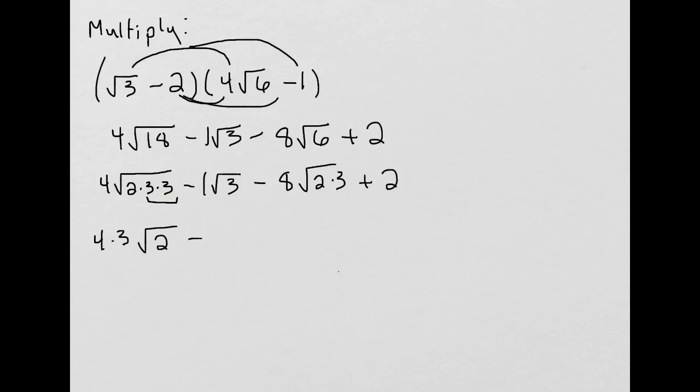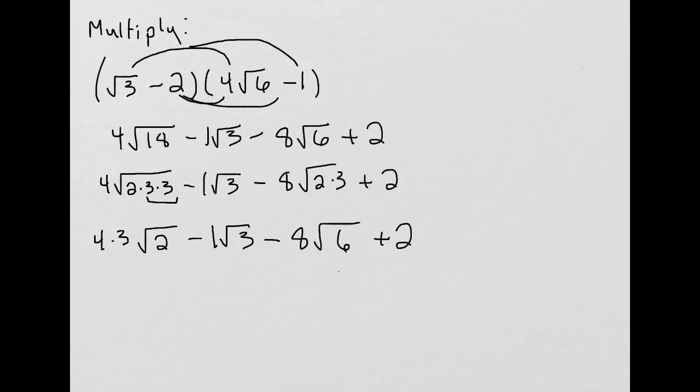The second term is going to be just exactly what it is. Can't do anything with that term. When I look at the third term, unfortunately I'm stuck there because I don't have 2 2's and I don't have 2 3's. So I can't do anything with the 2 and the 3, so I'm just going to leave it as it is. Although since I can't simplify it, I'm just going to go ahead and re-multiply what's under the radical. So I end up with a 6 and then plus a 2 at the end.